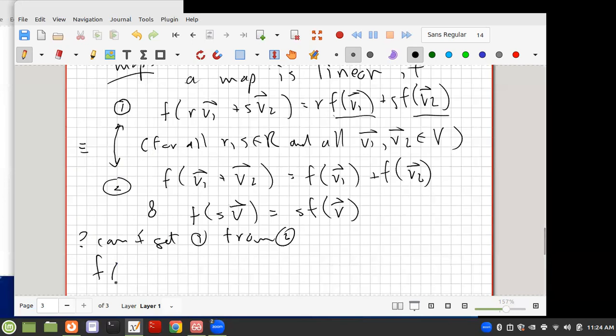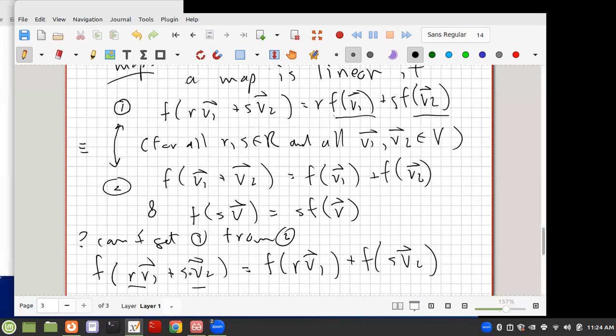So I look at this side and say, let's see what the image of this is. I can apply the first bit to these two vectors, so this equals f of r v1 plus f of s v2.